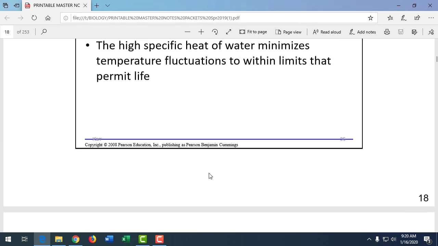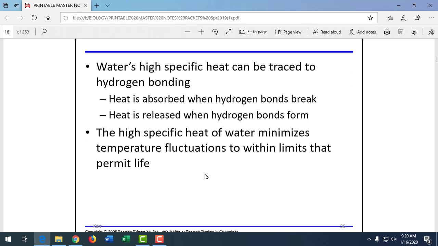So if I'm talking about boiling water versus water vapor, which has a higher temperature? When hydrogen bonds break, so I have liquid water that has hydrogen bonds together.